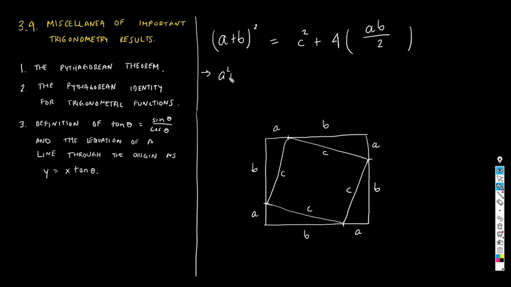You're going to get the following, right? And then on the right side, we're going to get this. 4 times this fraction, we're going to get this, right? Okay, then we have this term on both sides of the equation, 2ab and 2ab, so they cancel one another, and my final result is that a squared plus b squared equals c squared.